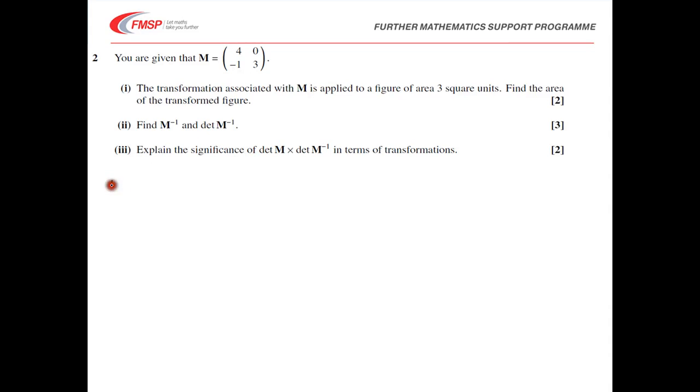So for part 1, the first thing we need to do is to find the determinant of M, and that is 12 take away 0, which is 12. And that means that the new area is going to be 12 times 3, which is 36 square units.